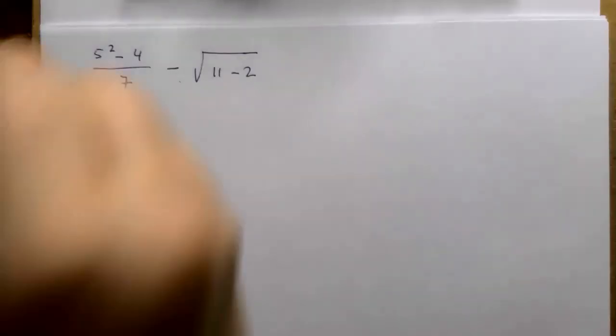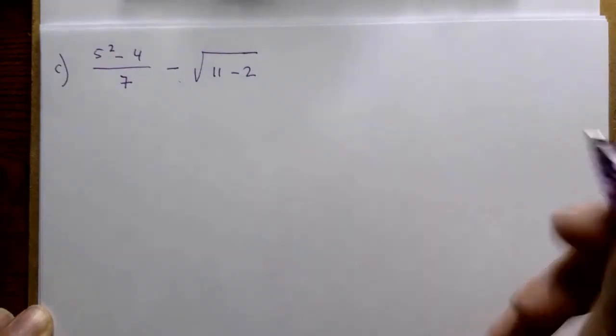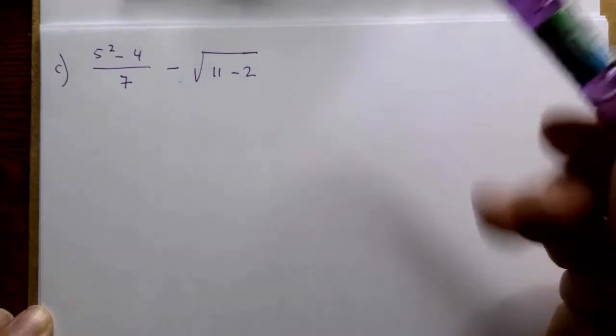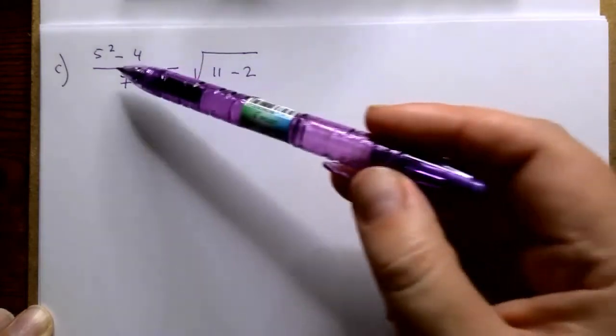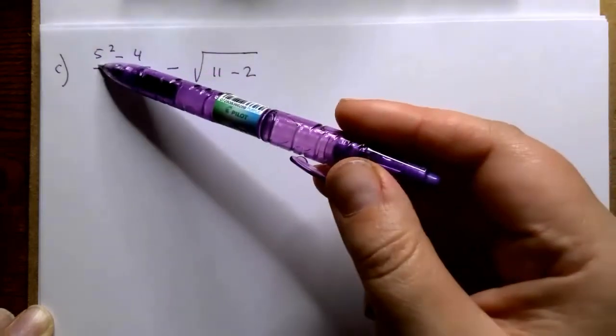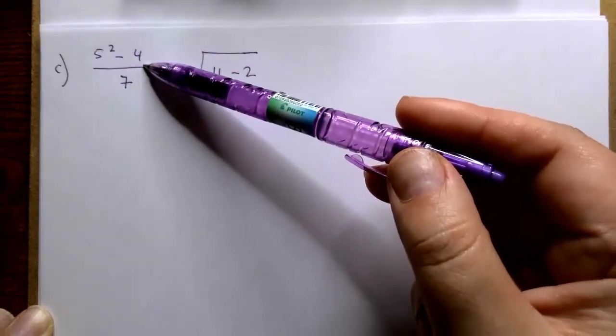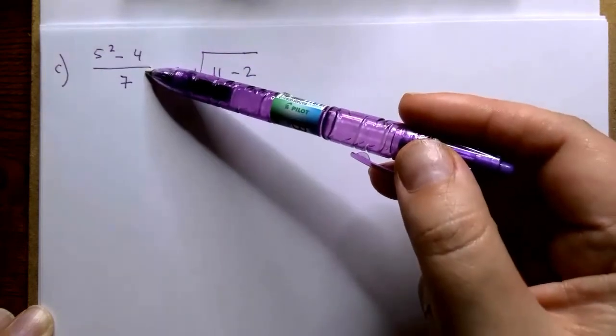Okay, and here's our last problem that I want to show you today in this video. Here we have two different types of grouping symbols. As I mentioned at the beginning, the fraction bar is a grouping symbol. So it groups the numerator together, it's a group, and the denominator.